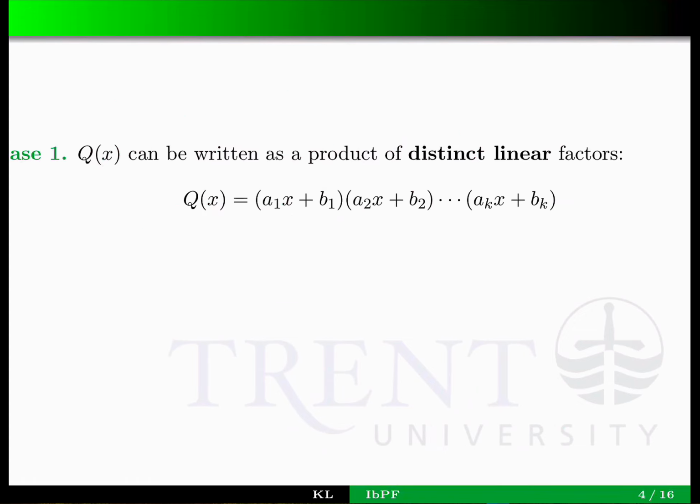Now, first case. Suppose q of x can be written as a product of distinct linear factors. Meaning, suppose your q of x here is equal to a1x plus b1, times a2x plus b2, times a3x plus b3, plus etc., until times akx plus bk.